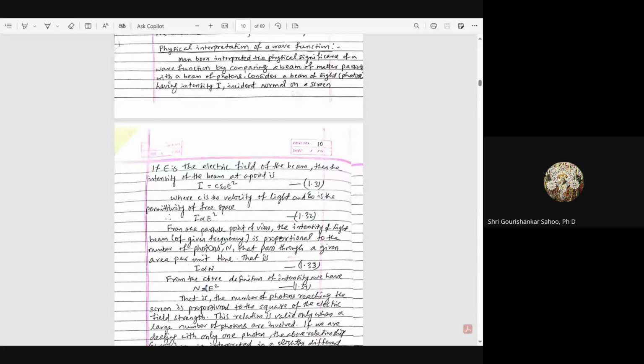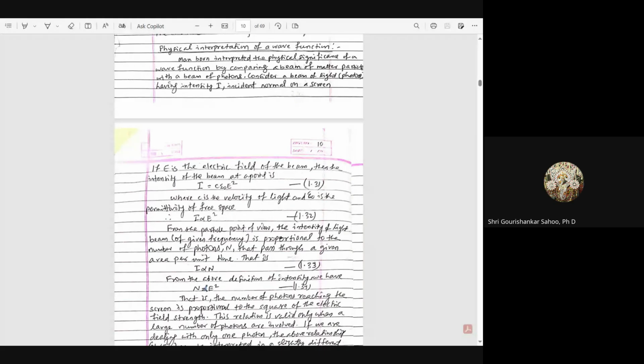beam at a point can be represented as capital I, which is nothing but c epsilon 0 E square, where c is the velocity of light and epsilon 0 is the permittivity of free space. So you can write intensity I is directly proportional to E square, as c and epsilon 0 are constants.